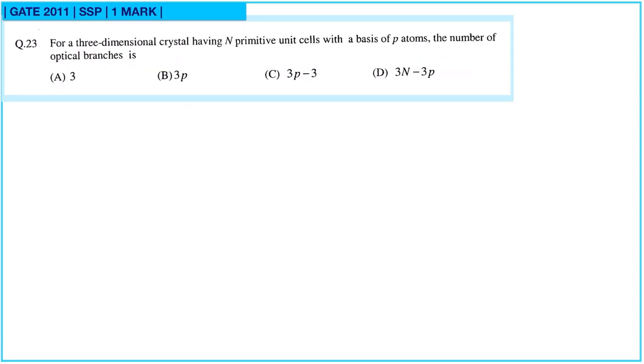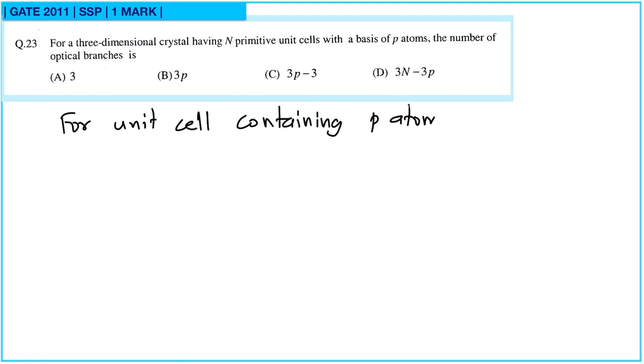Question number 23. For a three-dimensional crystal having n primitive unit cells with a basis of p atoms, the number of optical branches is. Now for a unit cell which has p atoms per basis, the number of optical branches is, or let me write first the acoustic branches.